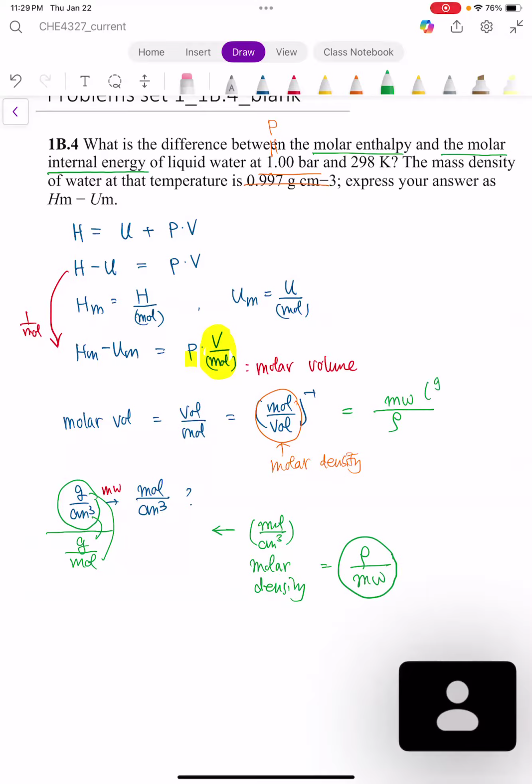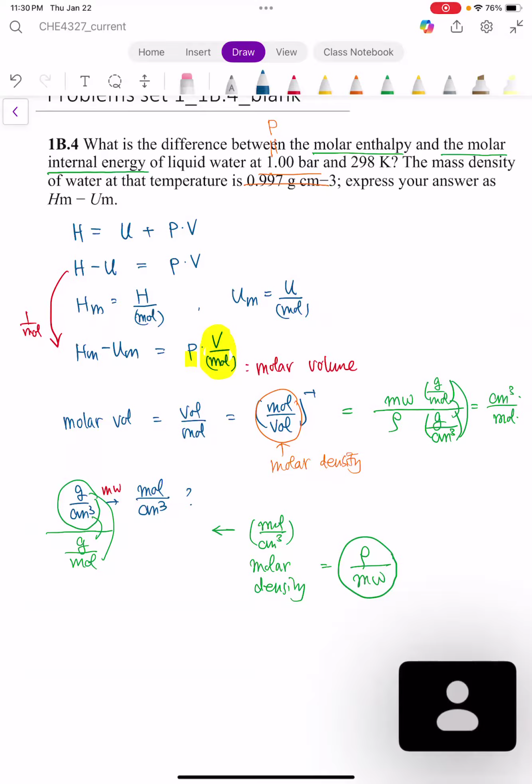Again, molecular weight is gram per mole. You should never forget that. And rho is usually, as in here, gram per cubic centimeter. Therefore, if you plug in those numbers, the unit you will end up having is what? Cubic centimeter per mole, which is molar volume. Okay, so we got that.